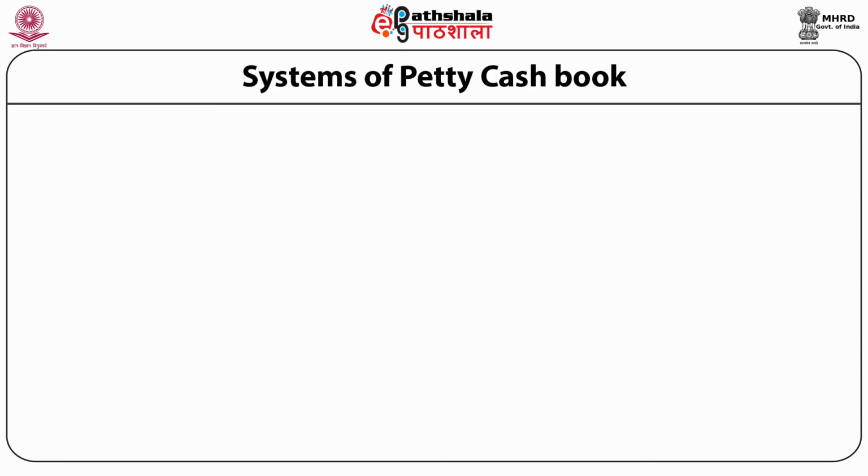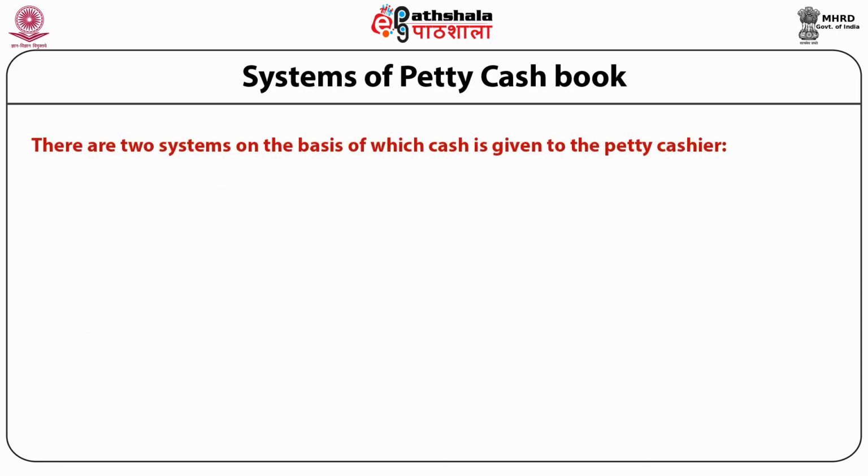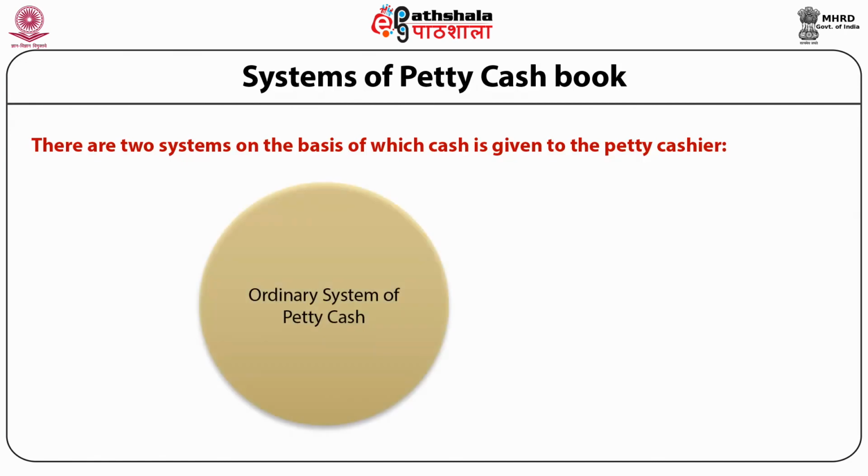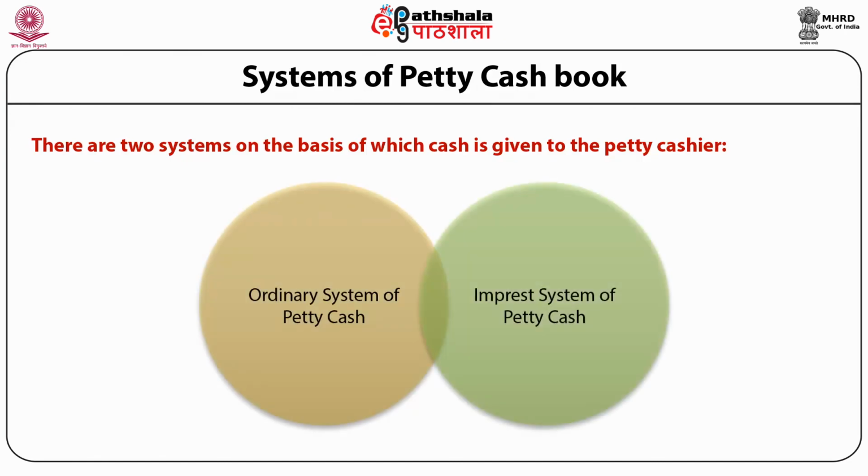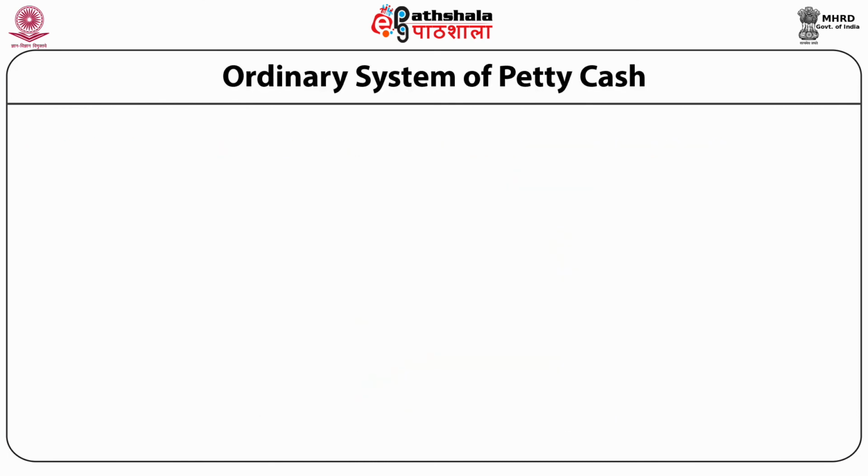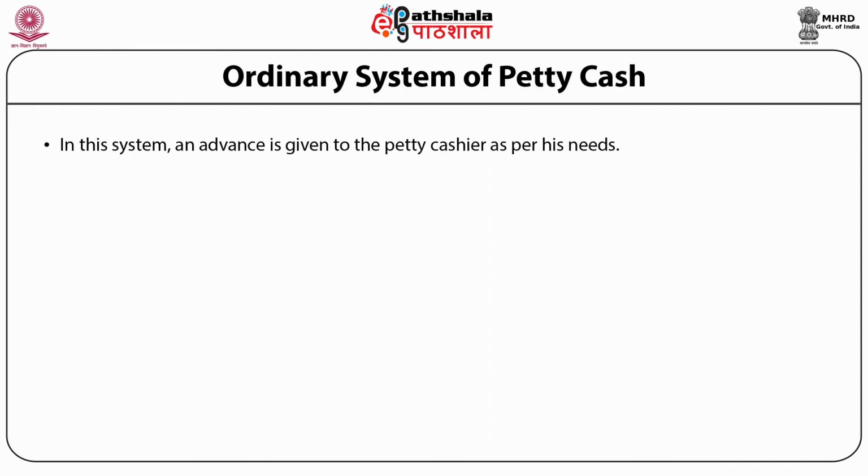Systems of petty cash book. There are two systems on the basis of which cash is given to the petty cashier: ordinary system of petty cash and imprest system of petty cash. Ordinary system of petty cash. In this system, an advance is given to the petty cashier as per his needs.